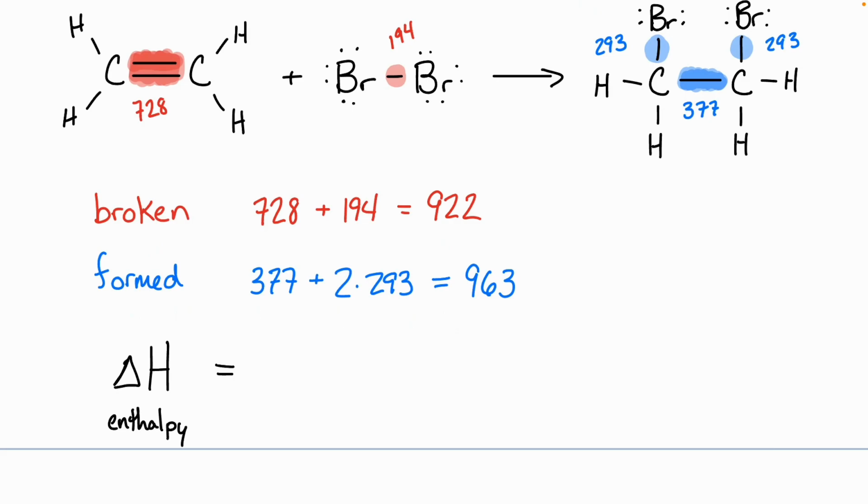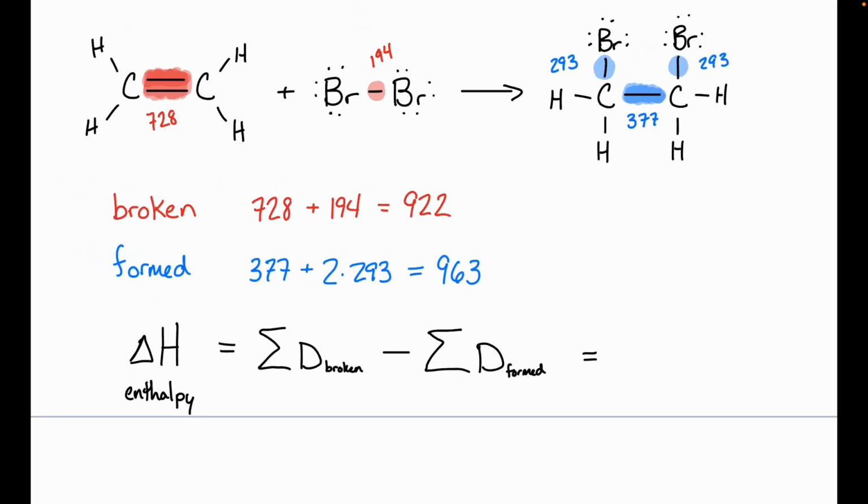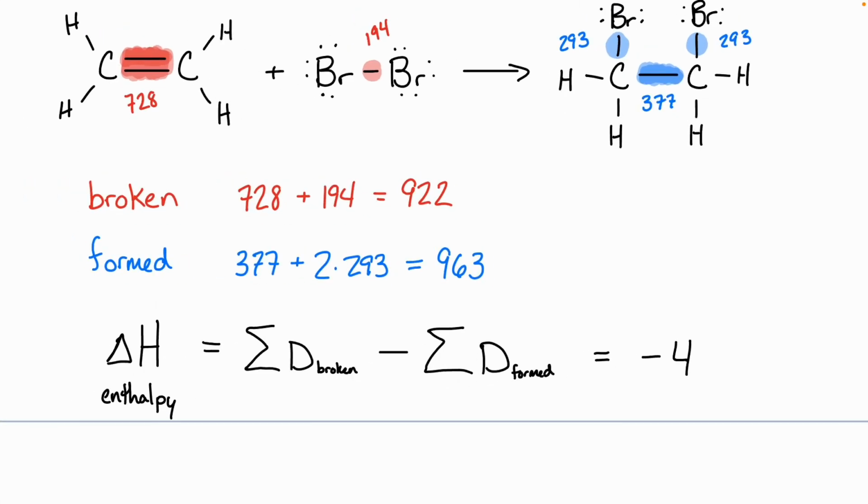The enthalpy of this reaction is going to be the sum of that dissociation energy of the bonds you got to break minus the sum of that dissociation energy of the bonds that are formed. So I'm going to take my 922 and subtract my 963. Gives me a delta H of negative 41 kilojoules per mole.